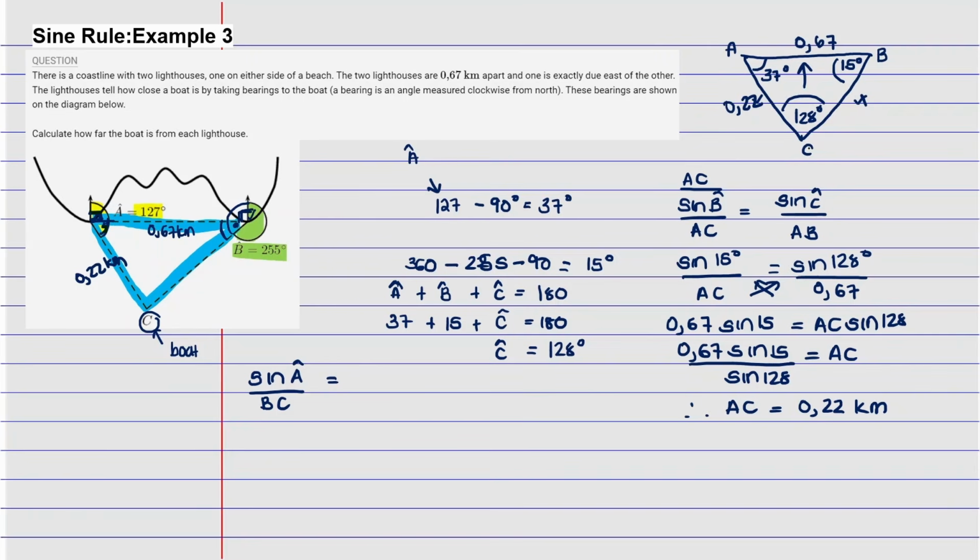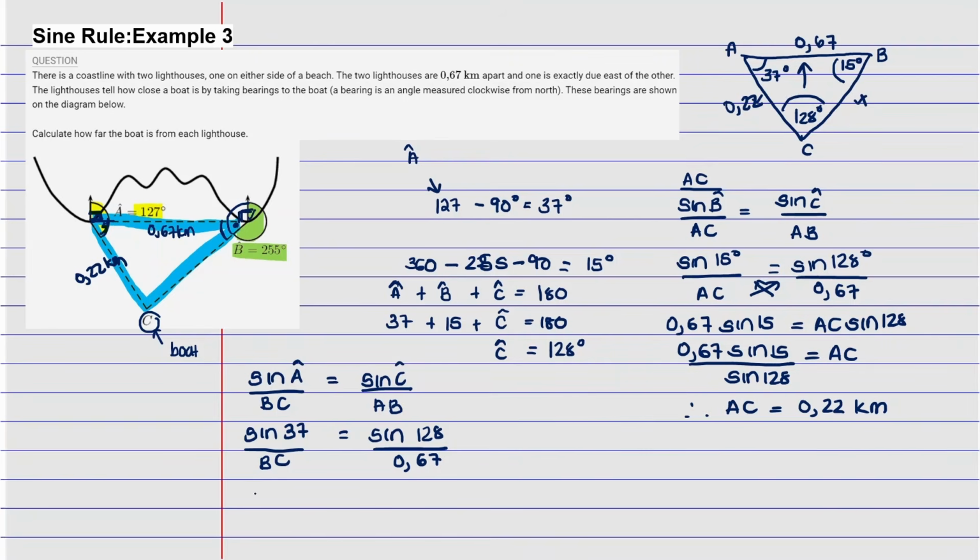Then we're going to use sine C, because that's the one that has the side and the angle, not the included angle. So it's going to be sine C divided by AB. So we know the fact that sine A, which is 37, divided by BC is equal to sine 128 divided by 0.67.